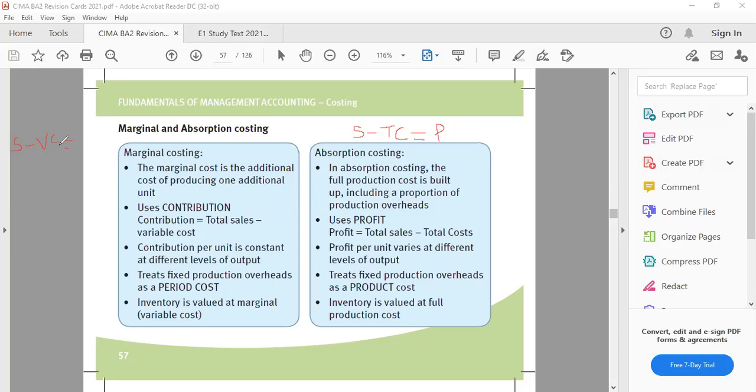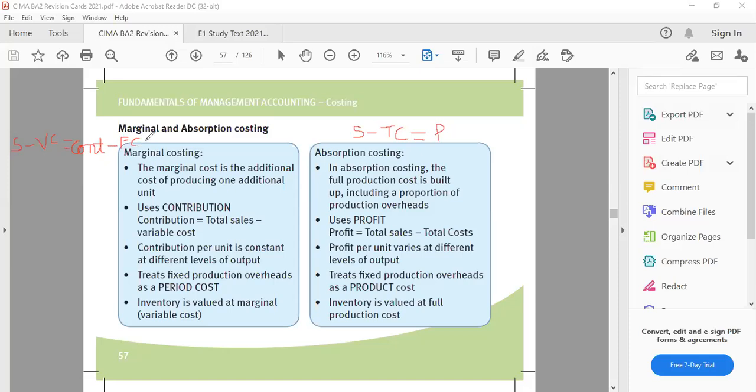So sales minus variable cost is a controllable profit, and this is called contribution. From this contribution, when fixed cost is deducted, the resultant figure is profit.